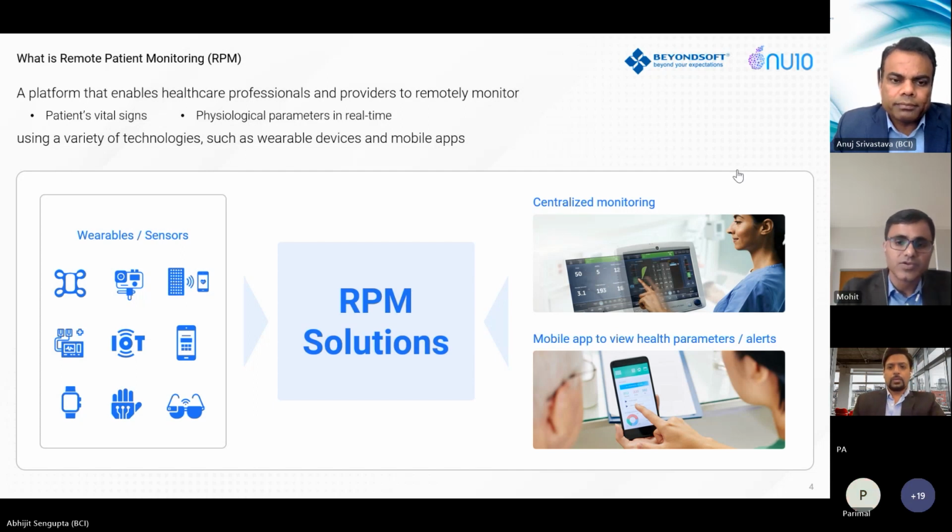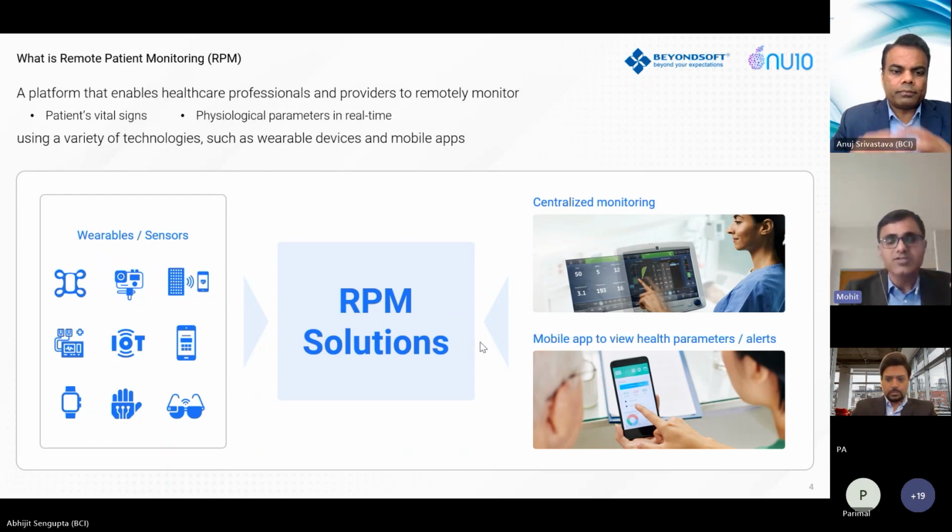Sure. I think, yes, as you rightly said, RPM is not something which is new, which was born yesterday. It has been in existence for a while. But if you see the advances that are happening in the technology space, on one side there is miniaturization of sensors and imaging technologies.